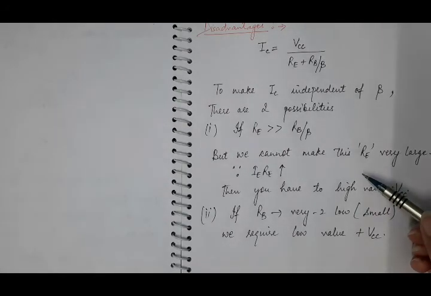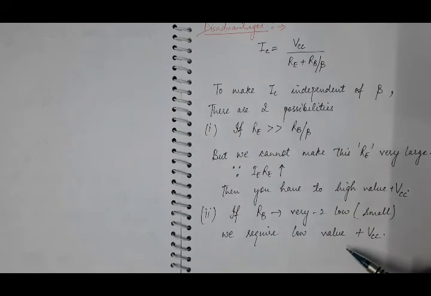In this case, we need high. In this case, we need low. And during its use, this power supply VCC is neither very low nor very high. And in the method of transistor biasing, we cannot use two separate power supplies. So that is why this method is not used.